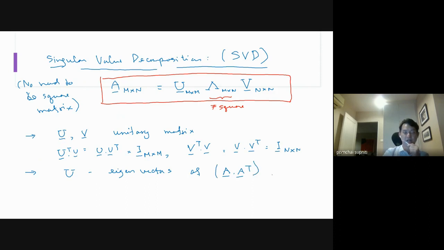So this one has the size of m by m. Okay. V is the eigenvector, but on the other hand of A transpose multiplied with A, which has the dimension of n by n. Okay.